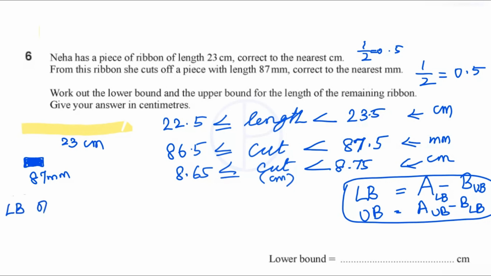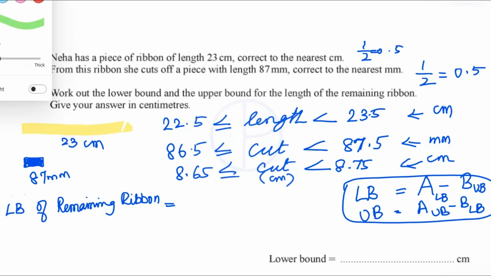So the lower bound of the remaining ribbon is the original length lower bound value, which is 22.5, minus the upper bound of the cutoff piece, which is 87.5.